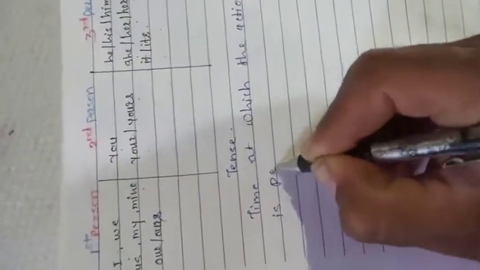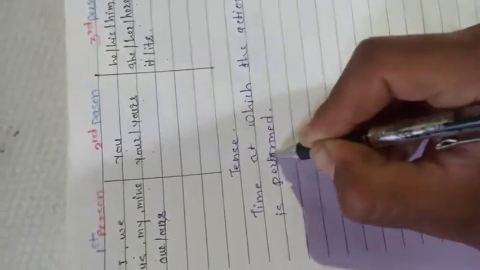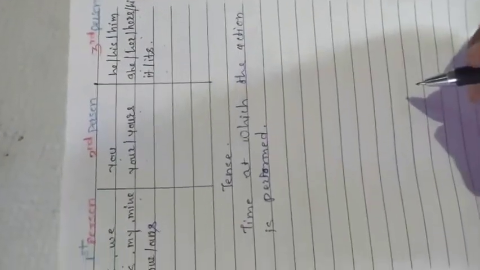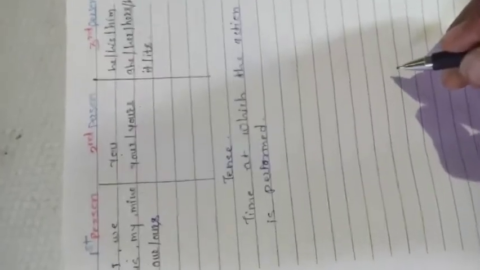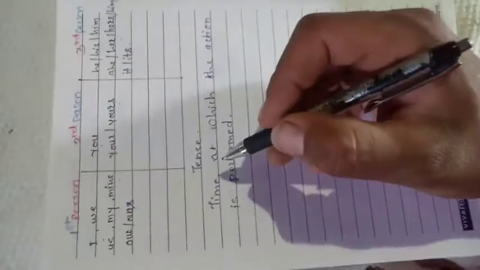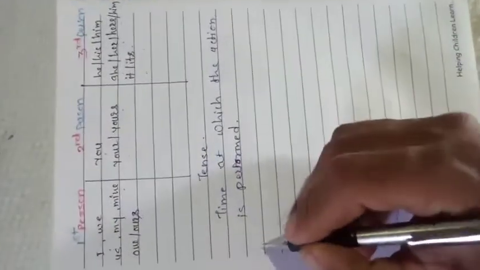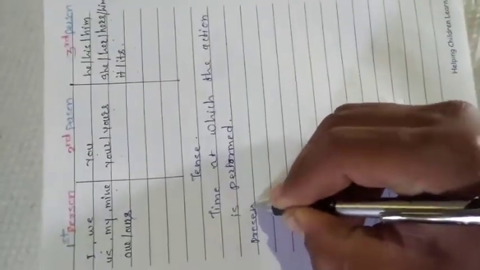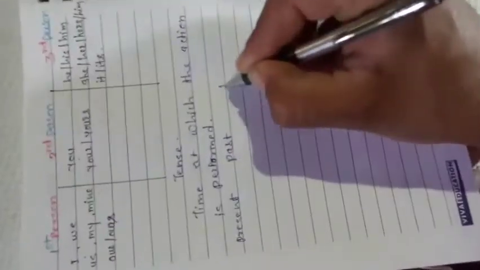As usual, a slight revision of tense: there are three types of tense, present, past, and future.